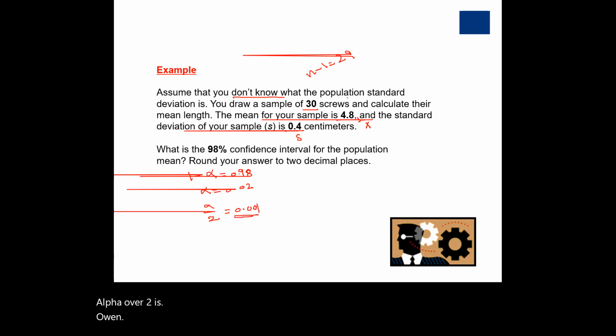So this is alpha over 2. We need to go to the table and see this value.